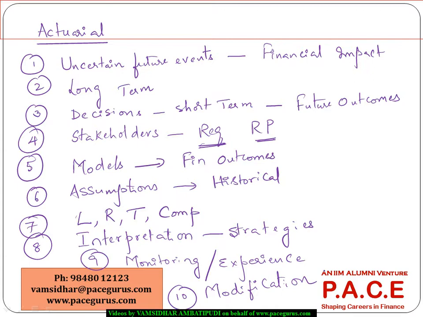Now, if I have to go into a bit more detail on each stage of the actuarial control cycle, let's say I'm talking about the problem specification stage. Here come the different stakeholders.